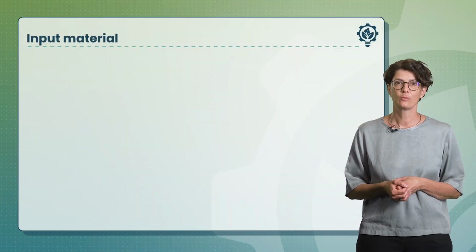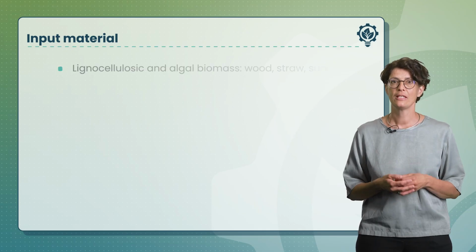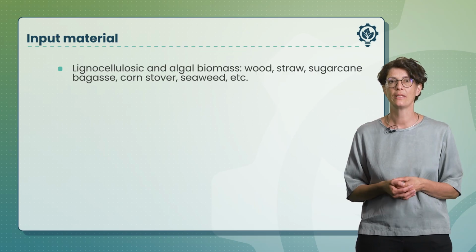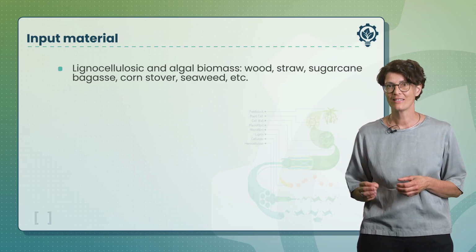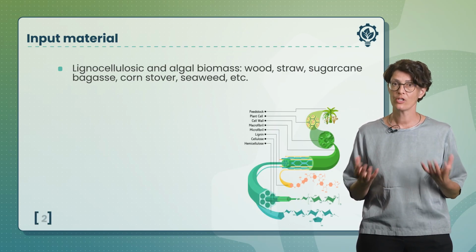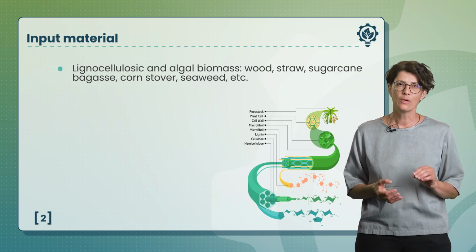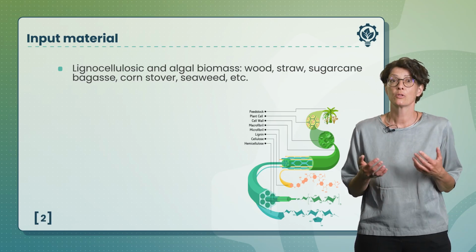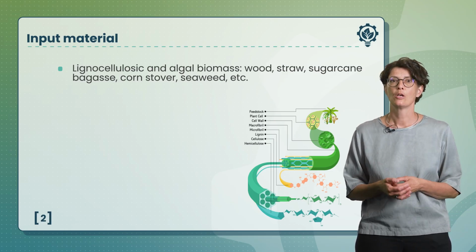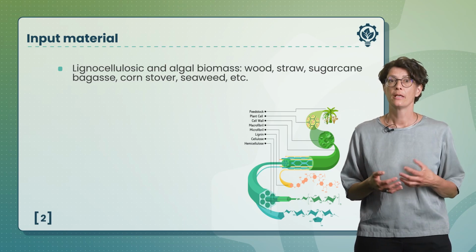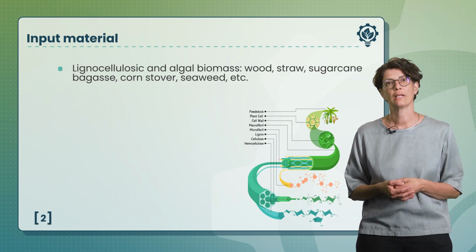The selection of input materials in biorefineries is foundational to their operation efficiency and economic viability, as they dictate the range of products that can be generated. Lignocellulosic biomass, being the most abundant biomass, is the most relevant input material, but also any industrial or agricultural side stream is used as input material in a biorefinery.